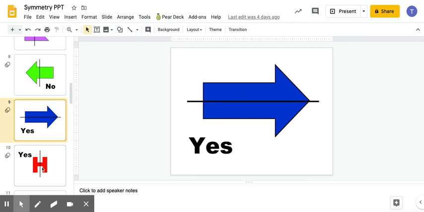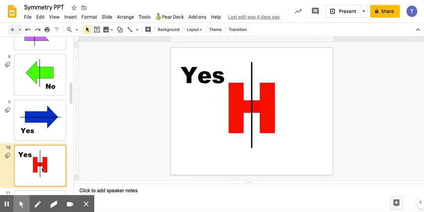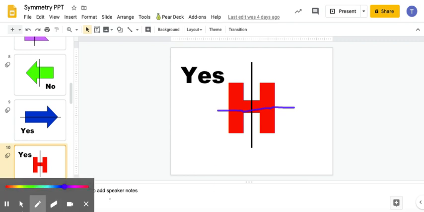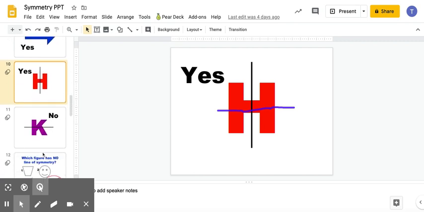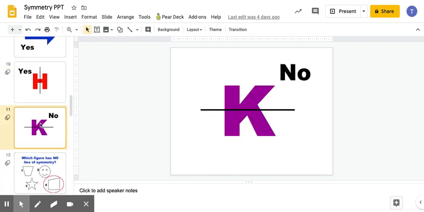The letter H does have a line of symmetry. It actually has two. It has the one that's vertical, and then if I draw a line right here in the middle, I know that's crooked, it would have another line of symmetry. So the letter H has two lines of symmetry. The letter K does not have a line of symmetry.